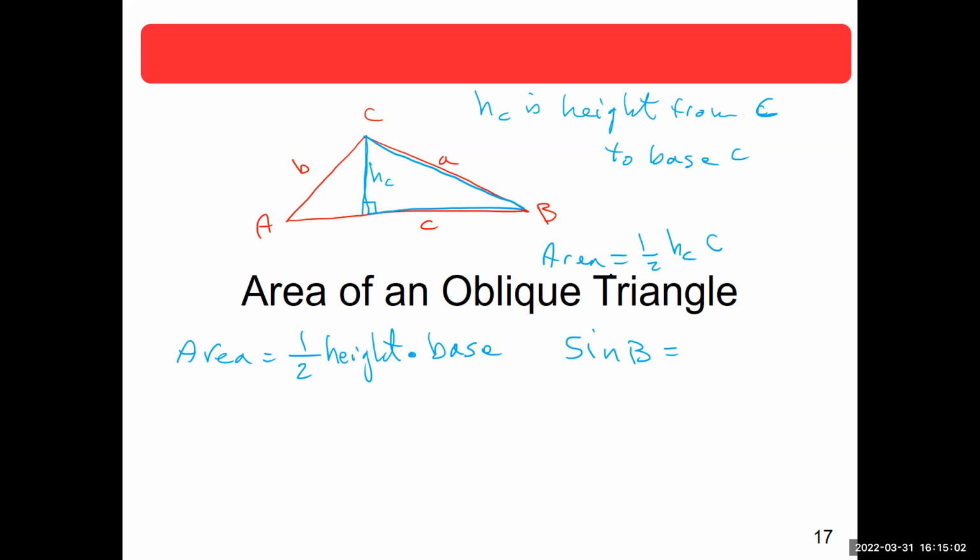HC. What is the hypotenuse? The inclined edge, the A. Now, cross product, move this to the top, then HC equals A sine of B. So basically, we always think of sine to find the H. That's the way you find the H, by using the sine, using a right angle triangle.